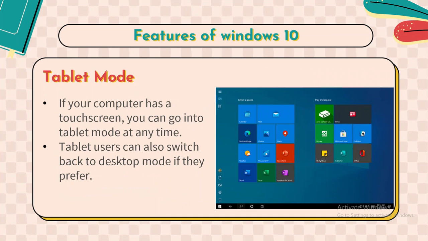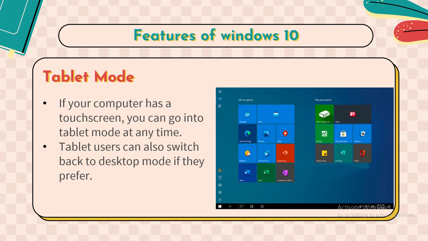Tablet mode. It is a very beneficial and very important feature, an advanced feature of Windows 10. Now from the Action Center you can go to the tablet mode, in which you can use your PC as a tablet.